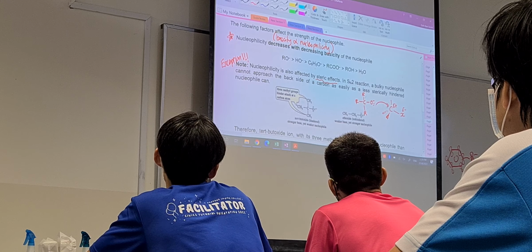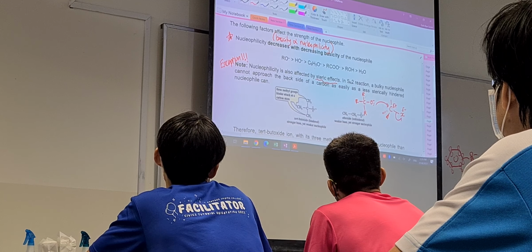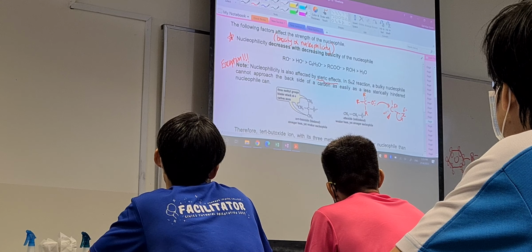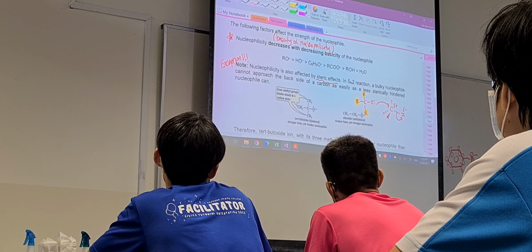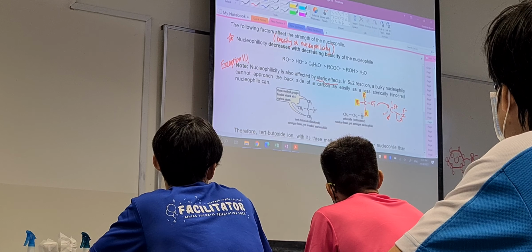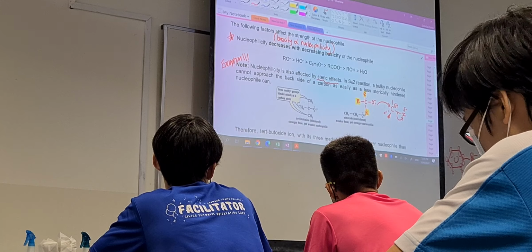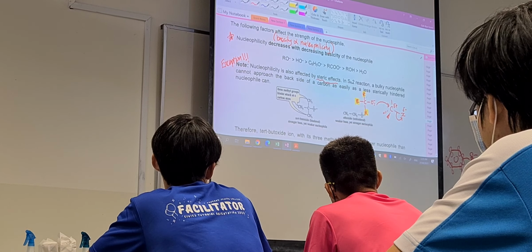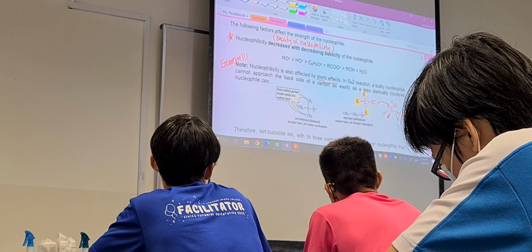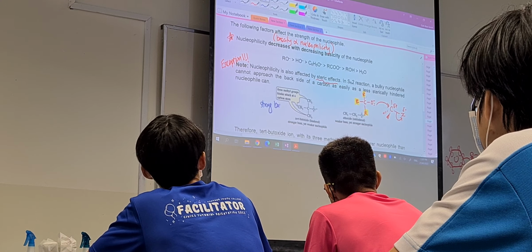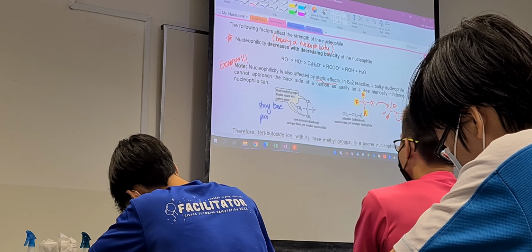You need to approach the carbon in order to suck out the X. But having so many big R groups here makes it very difficult for the nucleophile to even approach the carbon center. So even if it's a strong base, it can be a poor nucleophile also. So this is the exception. Strong base, but poor nucleophile.